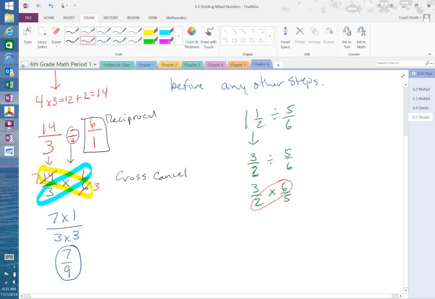6 and 2, is there a common factor? What? 2. So 2 goes into 2 once. 2 goes into 6 3 times. 3 and 5, is there a common factor? No. So it gives me 3 times 3 on top, 1 times 5 on bottom, which gives me 9/5. Now, that will reduce.